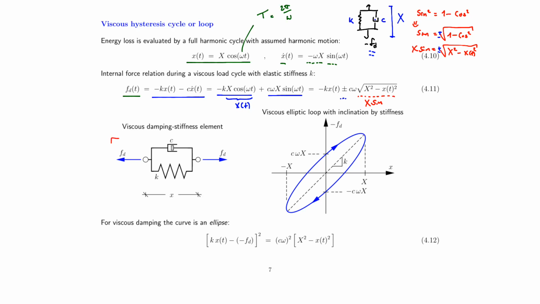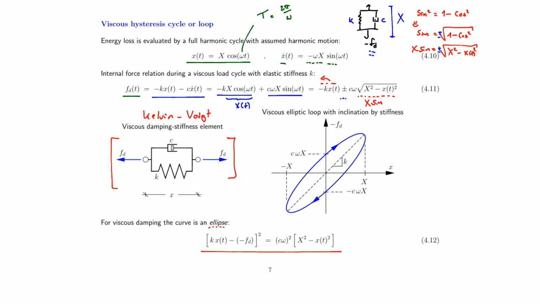So for a classic, what is referred to as a Kelvin type, also Voigt sometimes, element where you have the spring and the dashpot in parallel, which represents typical material behavior with stiffness and damping, then it turns out that you will actually get an ellipse. Because if you take the stiffness term and move to the left-hand side of your equation, and you take the square on both sides, you will get an expression as given on the bottom of this slide, which actually turns out to be the mathematical formula for an ellipse.